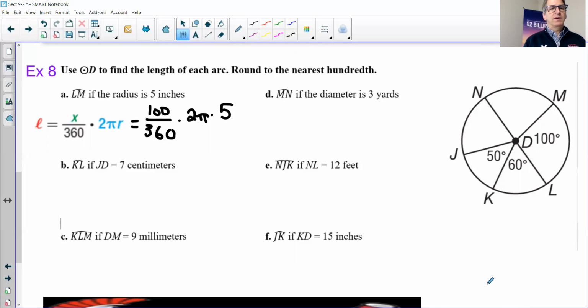Let's start by looking at the first one. This is our circle. Use circle D to find the length of each arc, rounding to the nearest hundredth. We're looking for the length of arc LM if the radius is 5 inches.